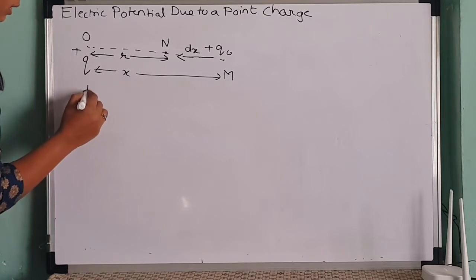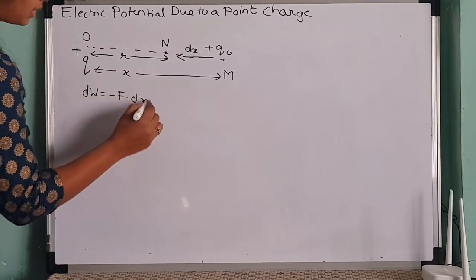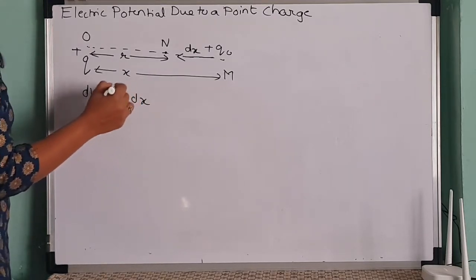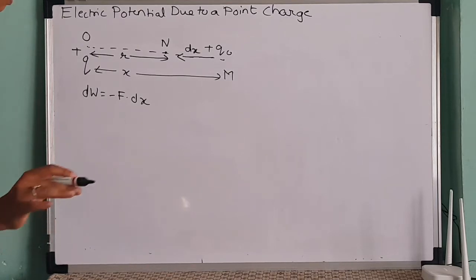Work done is always given by minus F dot dx, that is force into displacement, where this force is nothing but the Coulomb force. Now this negative sign indicates that force and displacement are oppositely directed.